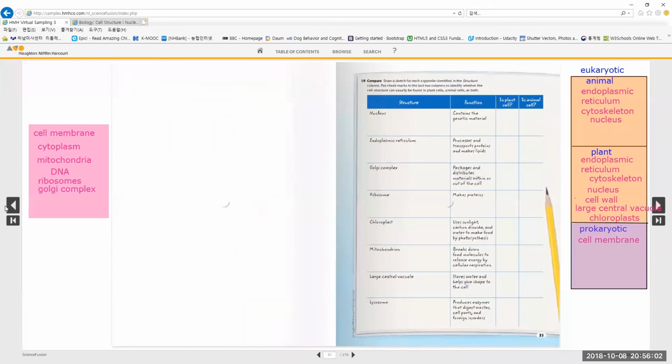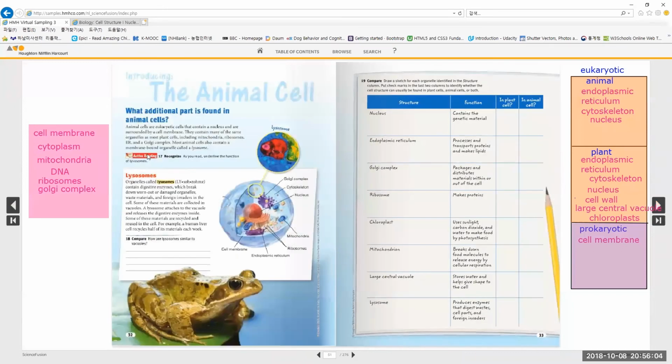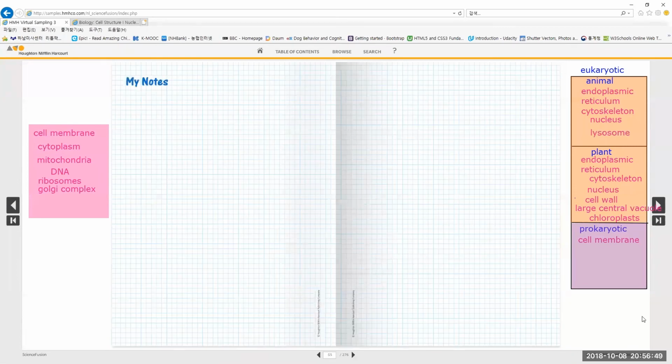And the part that I find in the animal cell is a lysosome. And so in all there are different things and same things in all the cells.